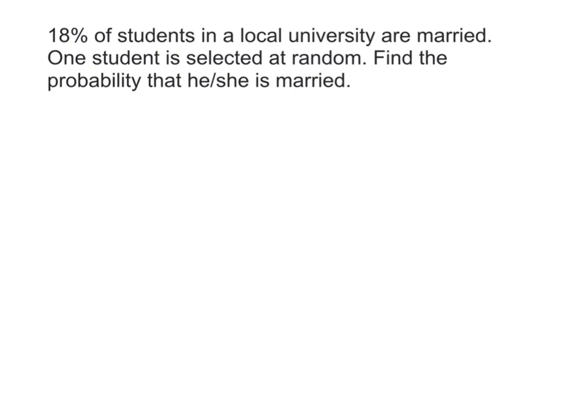Now, I don't know the total number of students, and I don't know the number of those who are married. All I know is the percentage. And guess what? This is all I need. The percentage is the probability. As simple as that. So the probability the person is married is simply 18%.